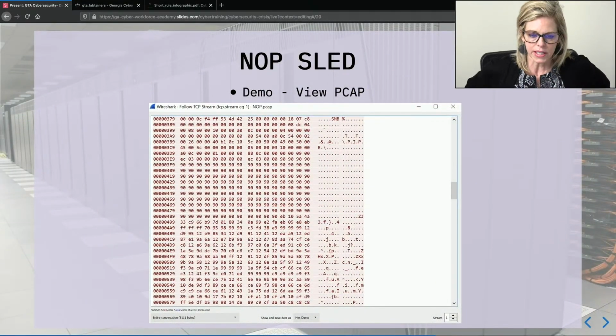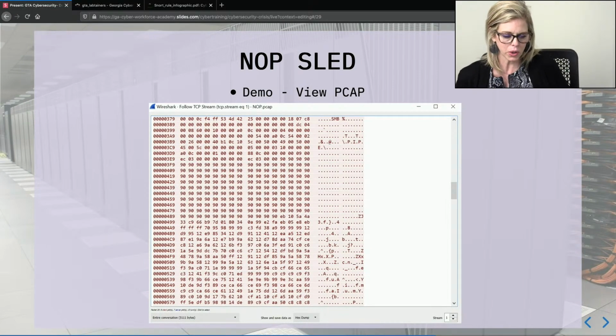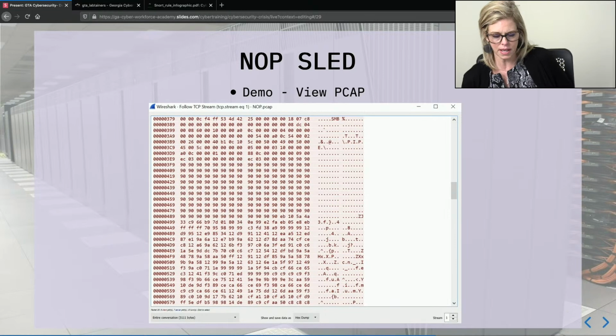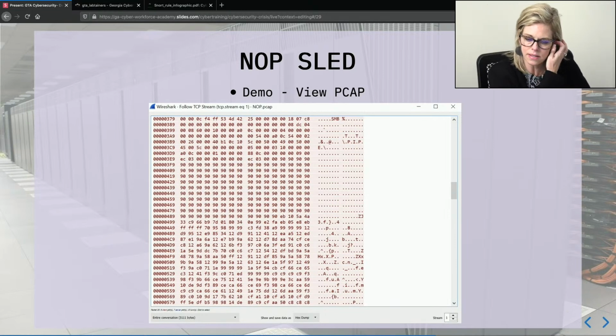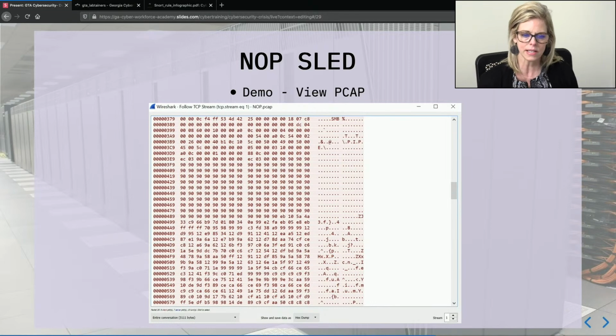Okay, now we'll briefly discuss a NOP SLED. If you've never heard of this particular type of attack, it is a buffer overflow exploit. It actually exploits the specific area of memory called stack memory.